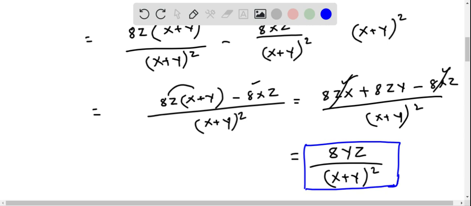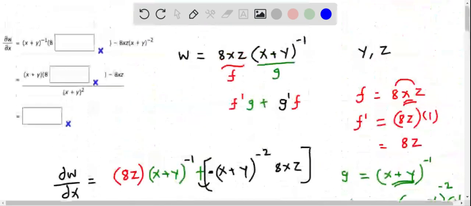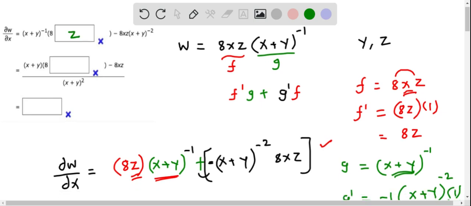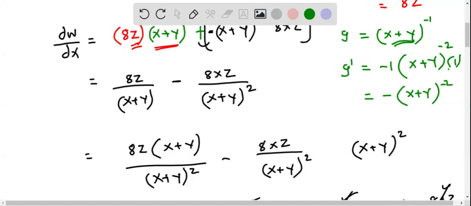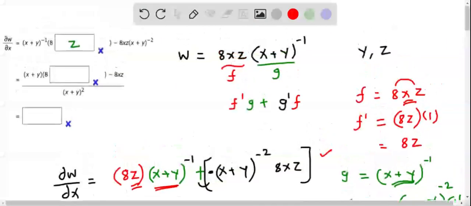Now let's fill the appropriate expressions in the boxes. In the first box, this is with respect to this step. So which means we have (x plus y) raised to the power of minus 1 times 8 times z. So the z comes into this first box. And in the second box, it is basically this expression. So we have 8z times (x plus y) over (x plus y) quantity squared.